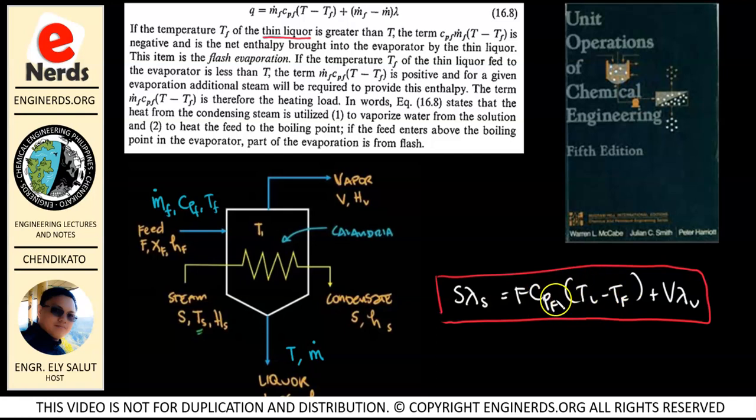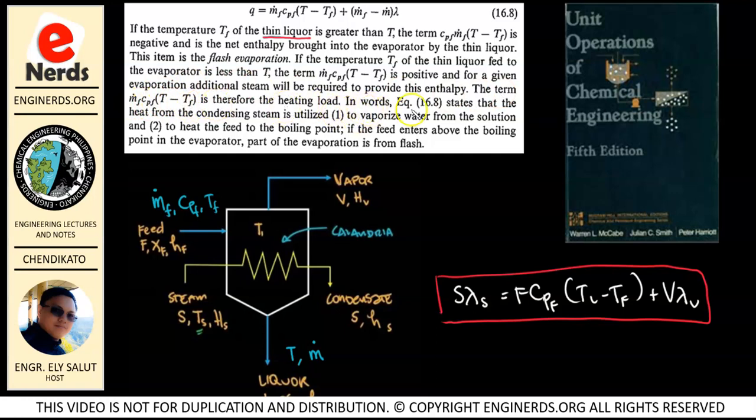Okay, so magiging positive yung value natin dito. And for the given evaporation condition, steam will be required to provide this enthalpy. So on that case only, kailangan natin itong steam para ma-reach natin yung temperature na yon. So we are supplying that steam right here. The term MF, T minus TF is therefore the heating load.